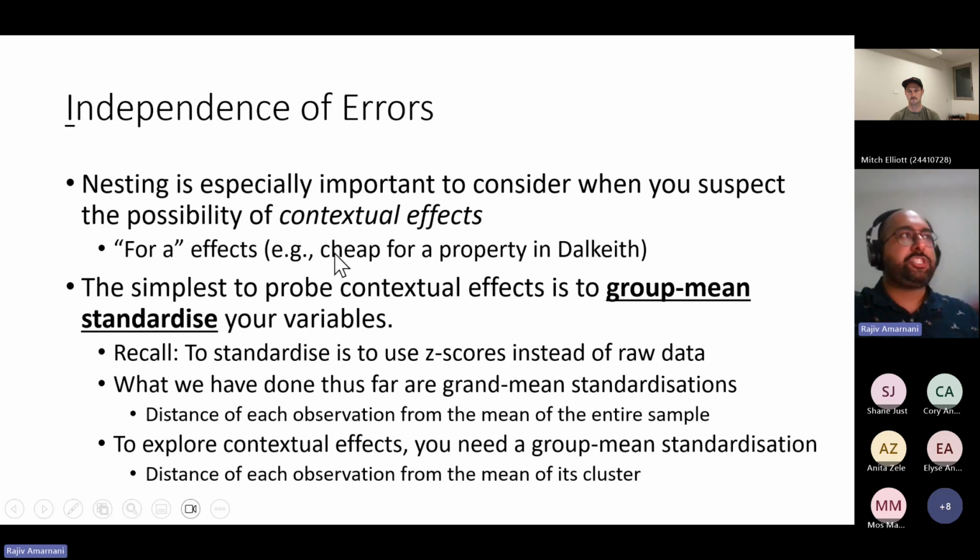So is it cheap in general, or is it cheap for a property in Dalkeith? What is expensive in the context of a full set of data might be cheap if you go, oh, it's cheap for a property in Dalkeith. We can do this through something called group mean standardization, doing group mean Z scores. Let me see if I have my example on hand.